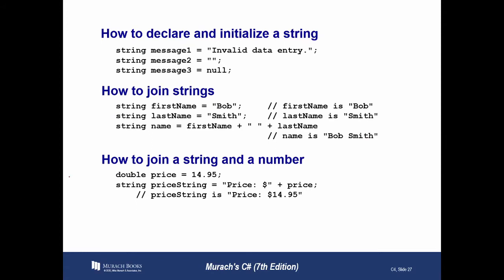Okay, strings. We're going to spend a little bit more time on strings than maybe I normally would. A couple of things to note here. When you initialize a string, you can put the full text in, and the big thing is the quotation marks. That's the important distinction between other variables and strings. You can see down here, this double doesn't have quotations. If you have an empty string value, you haven't initialized your very first instance of message2 yet.